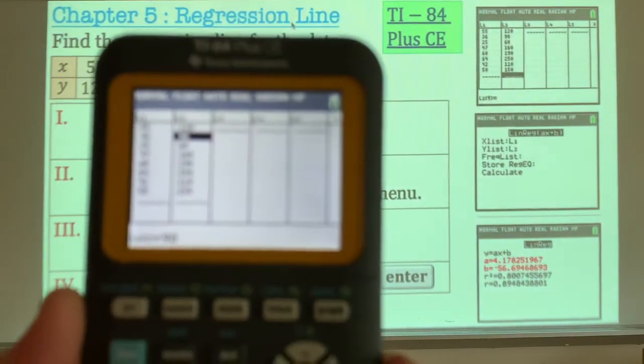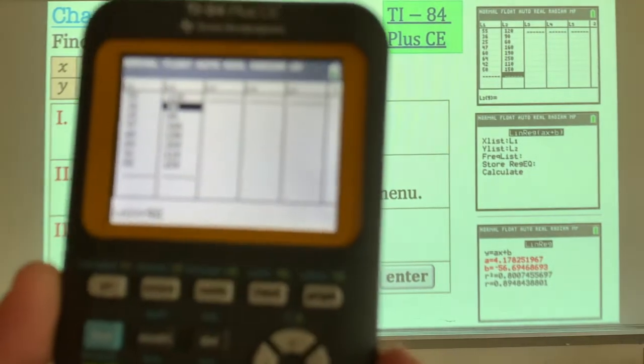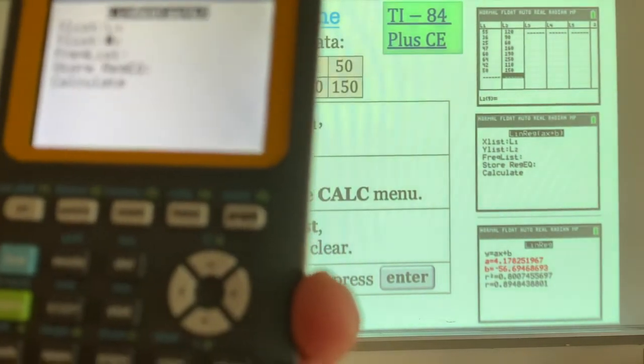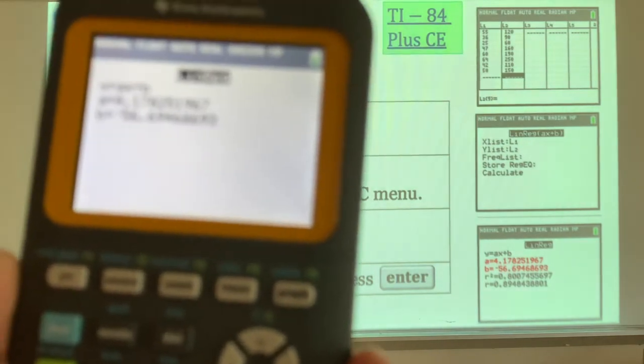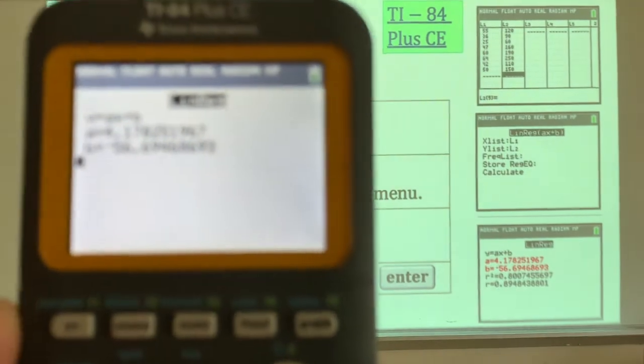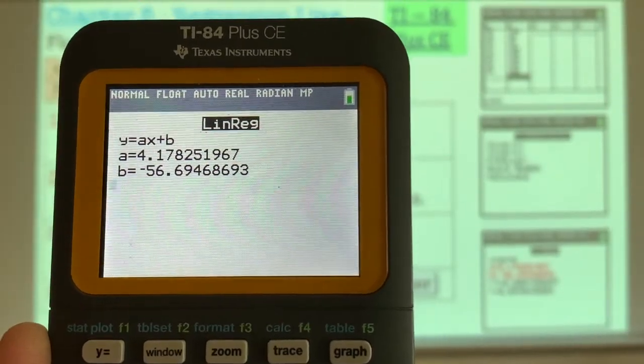So now I'm going to go back here. Oh no, my answer's wrong. Get back there. And then I hit Stat, Calc, and I change it real quick. And I calculate, and there we go. 4.17, negative 56.69, so 4.18, negative 56.7.